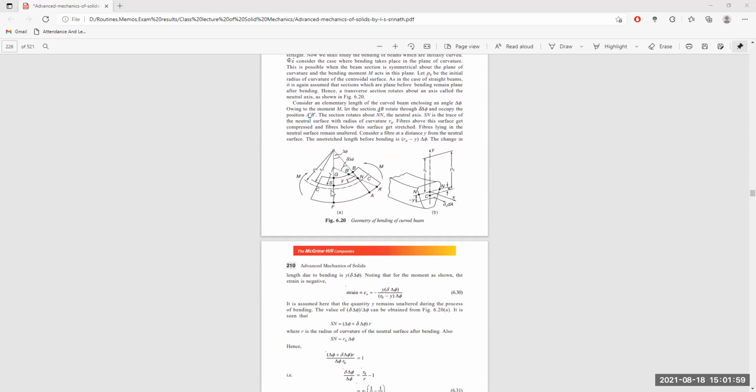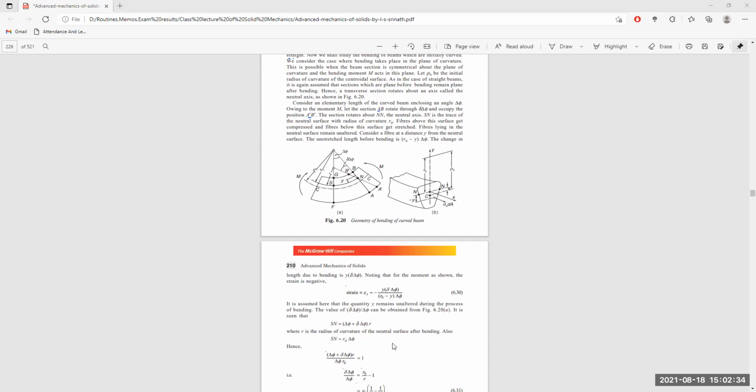R multiplied by delta phi plus the angle delta phi prime, which was increased afterwards. But R is the constant radius of the neutral axis after bending. Also, Sn becomes equal to R0, the initial radius of the neutral axis, multiplied by delta phi, R0 delta phi.